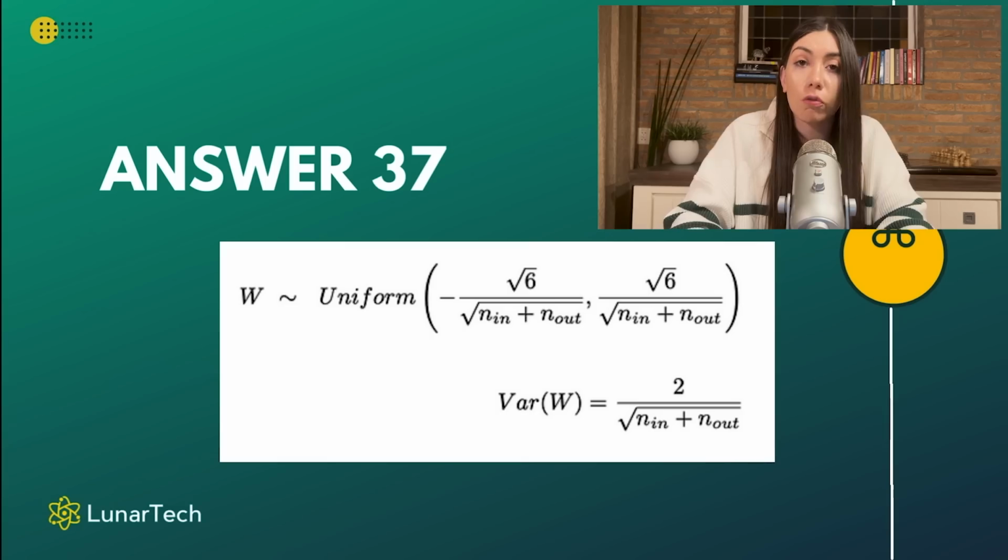So the variance of this random distribution will be this amount. And this means that the variance of the weight will then be constant.